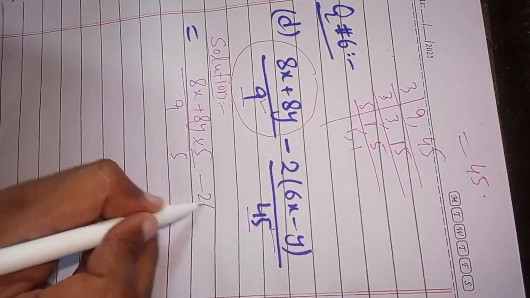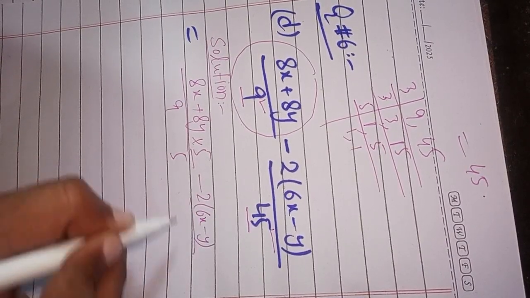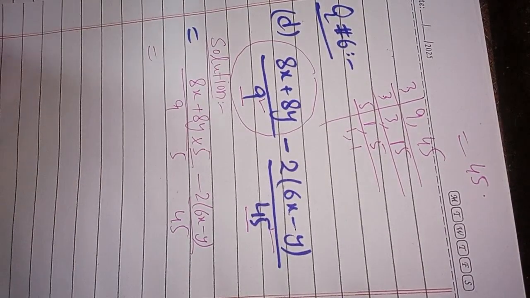And we write the second term as it is, because it already has the denominator 45.